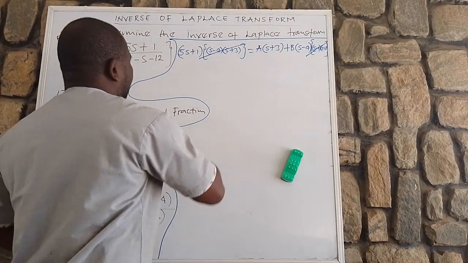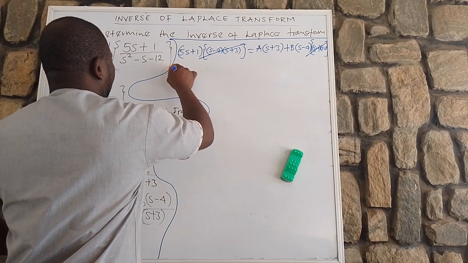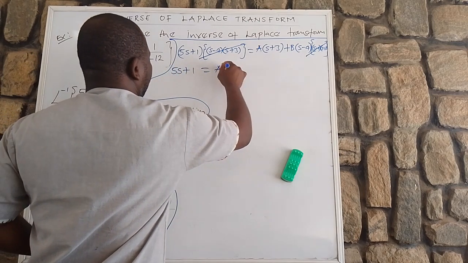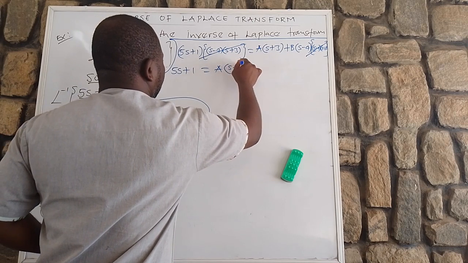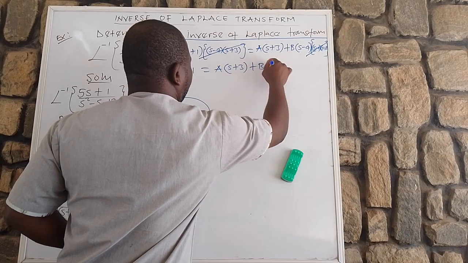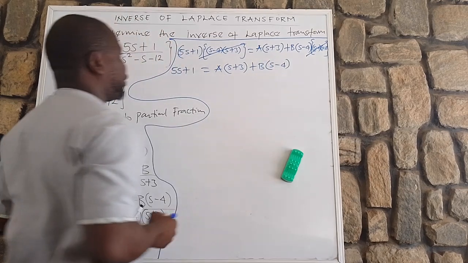If you agree with me, here will now be 5s + 1 equals A(s + 3) + B(s − 4), true or false.